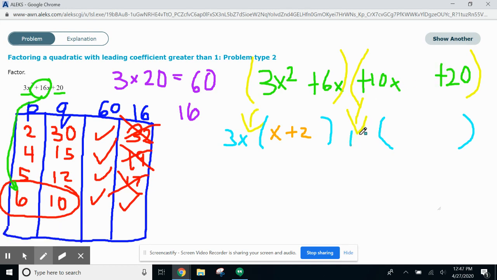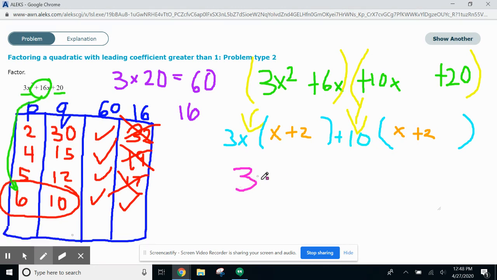I can take a 10 out, and it should be a positive 10 that comes out. And 20 divided by 10 will be 2. So should have x plus 2 again. These should match every time we do this. And if they're not matched, you might have to switch a negative sign or look back if you did your math correctly.